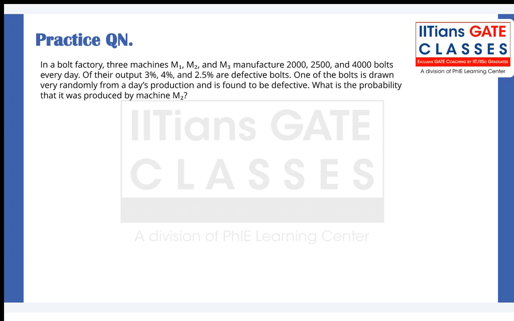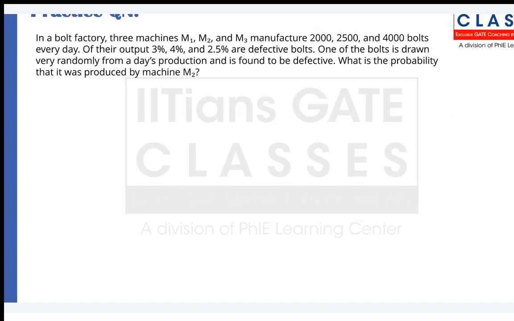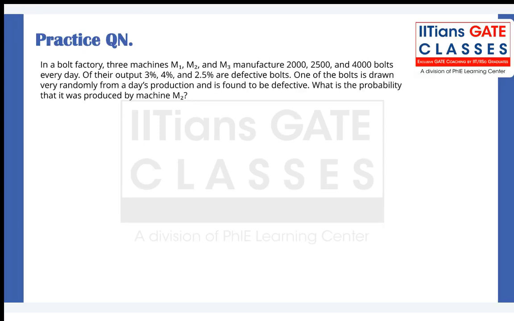So it's very simple now. So what you have to do is calculate the probability that, given it is defective, it came from machine 2, right? To do this, you just flip the terms around.